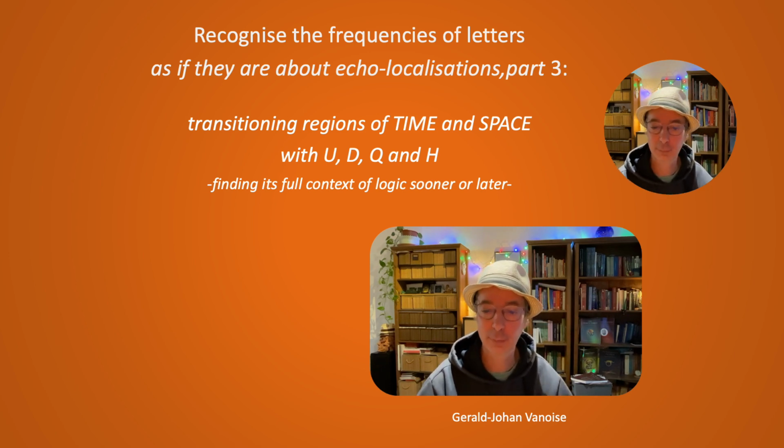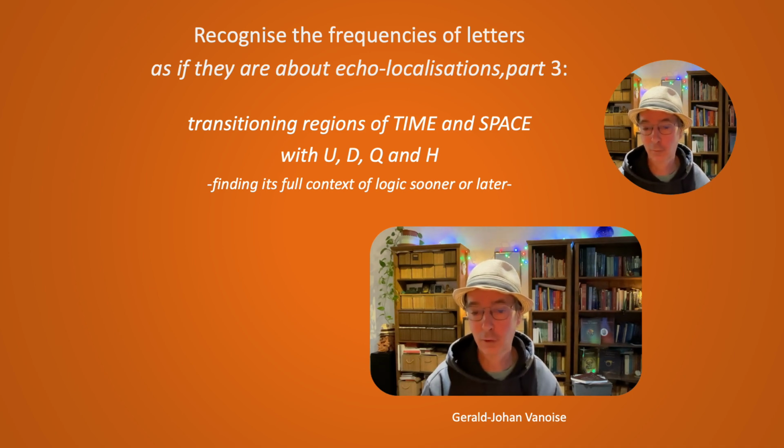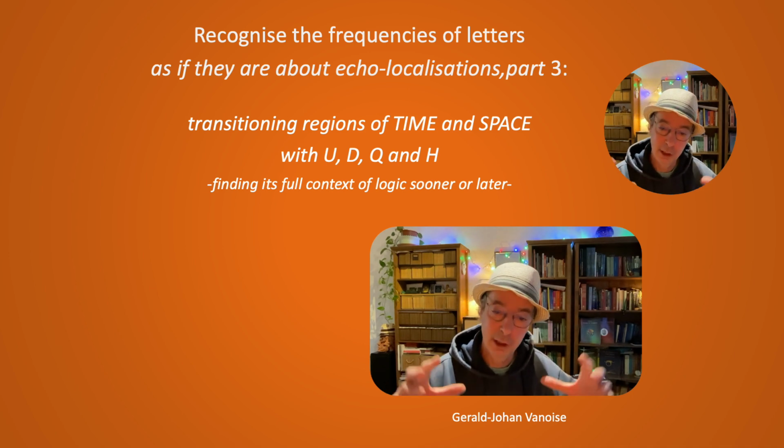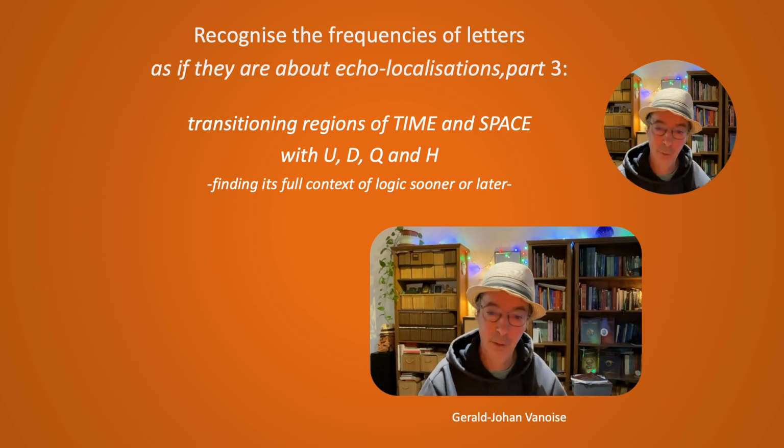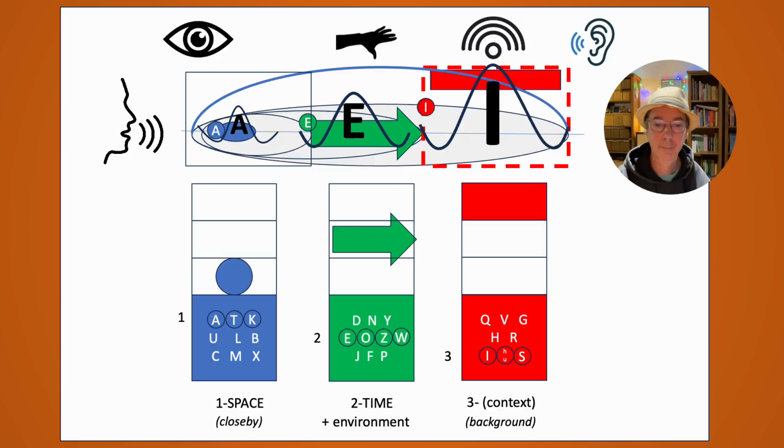We had the region of space, where we can recognize things in space. We had letters that were used for determining in which time frame we are, some letters that are helping our logic in the context of what we are talking about.